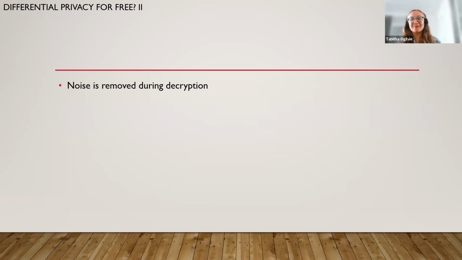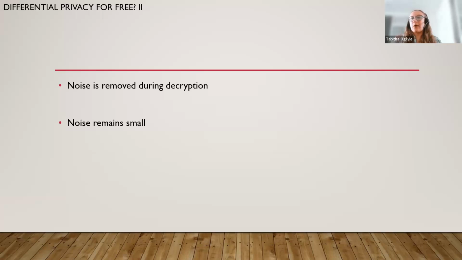So you'll have mechanisms that mean that during decryption, you can remove it. Linked to this first point, the noise tends to remain small, because you don't want it to be big in homomorphic encryption.